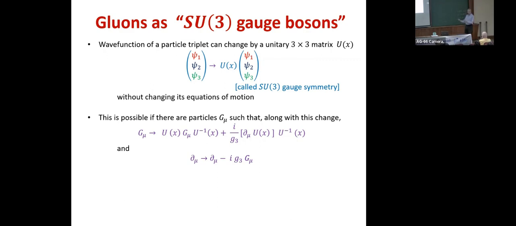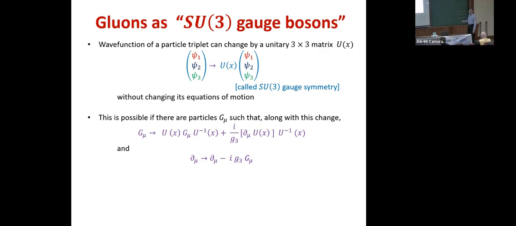Now this looks reasonably complicated, but it's not really complicated. It only involves this transformation U and some of its derivatives. You might have seen its infinitesimal version, in which case this becomes a simpler equation, but I simply wrote down the most general one to show you that this U appears here explicitly.